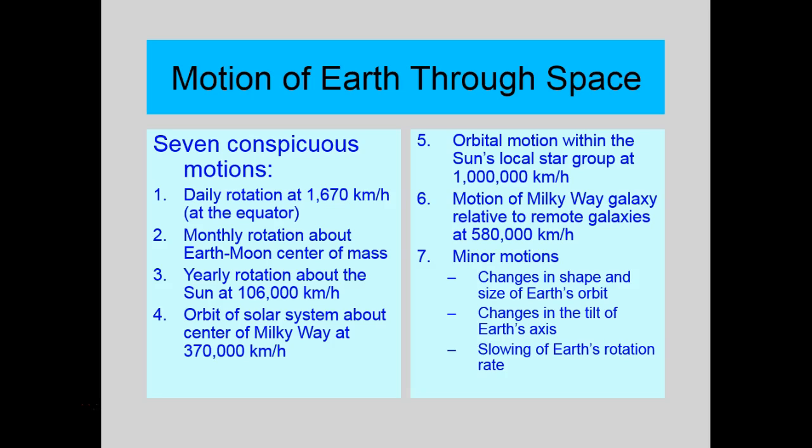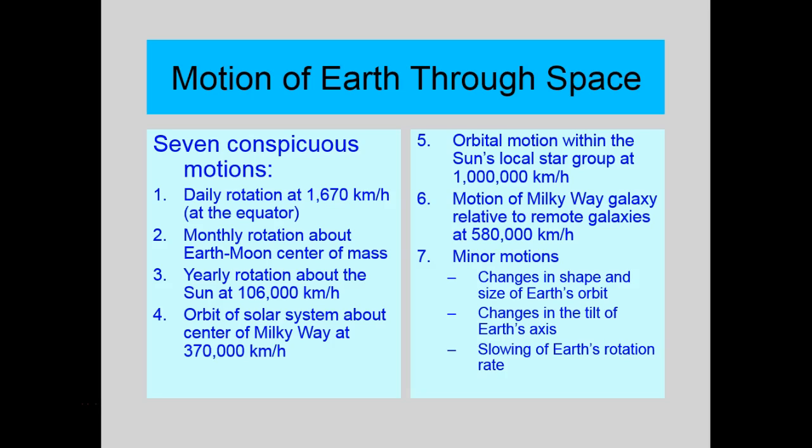At the equator, which is the place where it's going to be going the fastest, that daily rotation, if you were standing on the equator, Quito, Ecuador, somewhere like that, you would be traveling, not realizing you're traveling, 1,670 kilometers per hour, which multiplied by 0.6 is about 900 miles per hour, approximately, at the equator. That's how fast you'd be moving. You wouldn't notice it. You'd be going about 900 miles per hour.